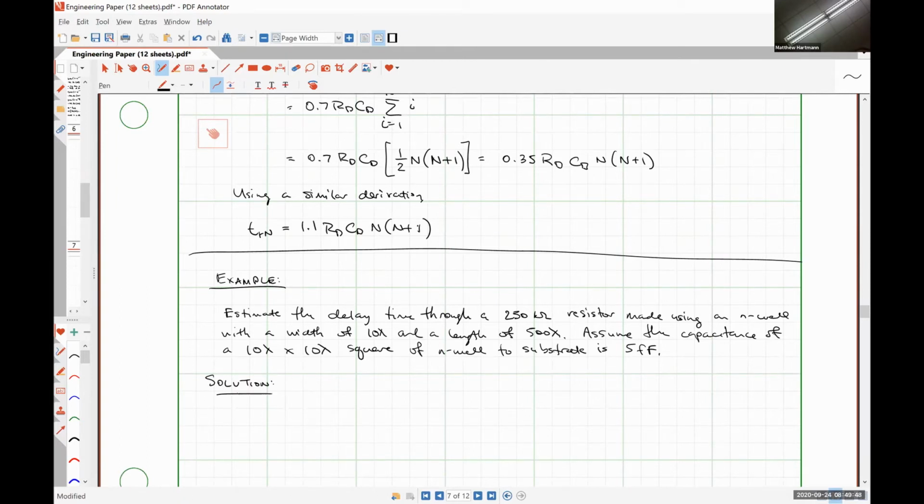So we're trying to find the delay time, so the overall delay time, let's just call it TDN, should be 0.35 R squared C squared N times N plus 1. We know what C square is.